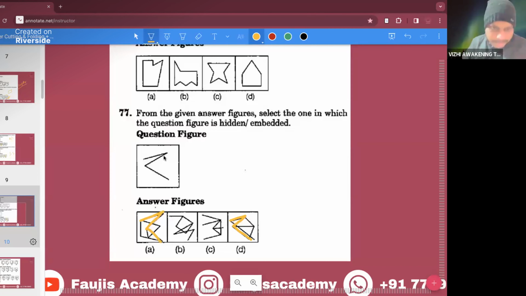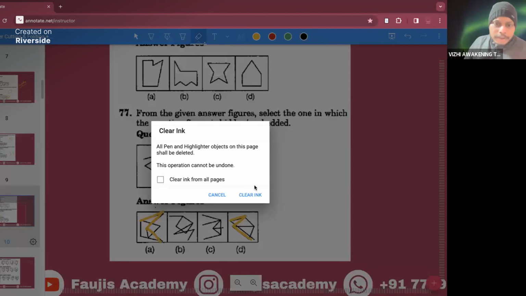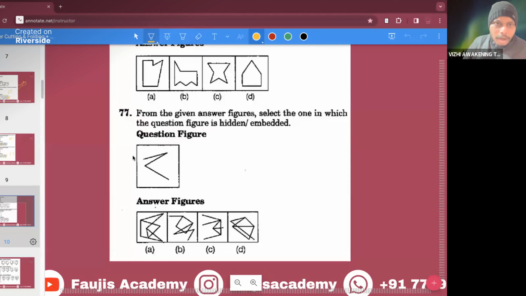Now you will have to check this gap, which one is more prominent and which one is closer. What we see is that not just this gap, but also the length of this line. Over here it seems small, and over here it seems to be almost the right size.